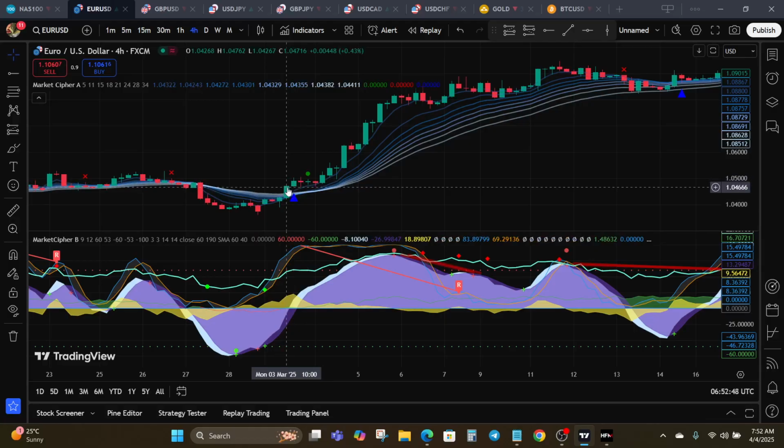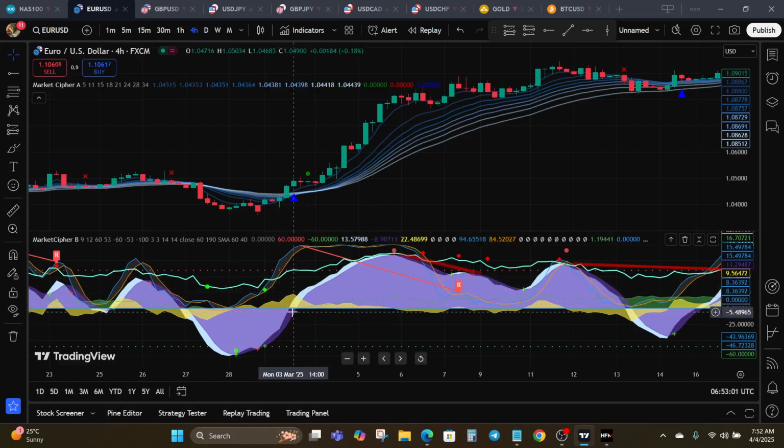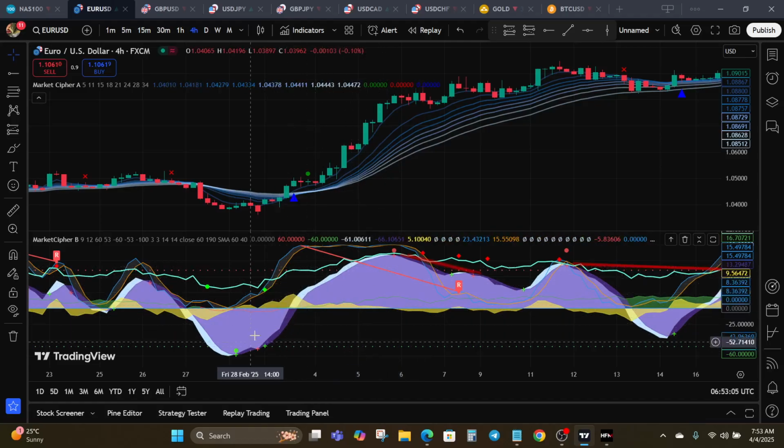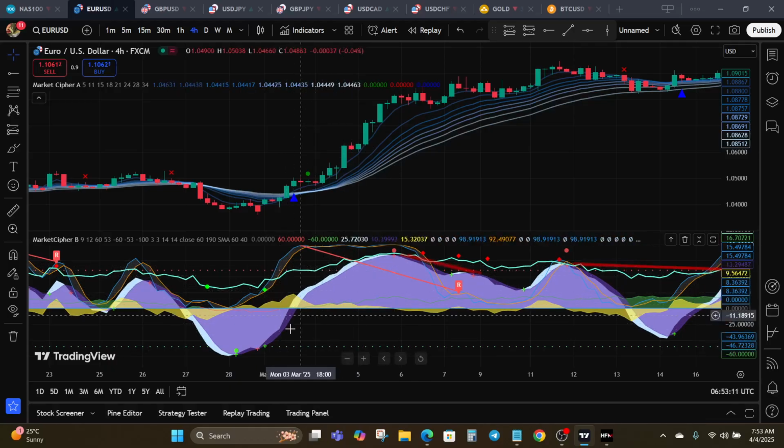Okay, but after you get the signal from the Market Cipher A, you look at the Market Cipher B. If the Market Cipher B confirms that with a green momentum wave, if you notice that this particular component of the Market Cipher B has crossed upward, right?